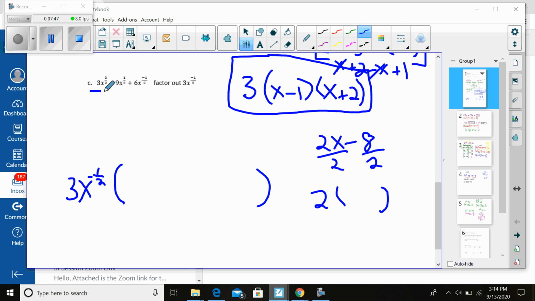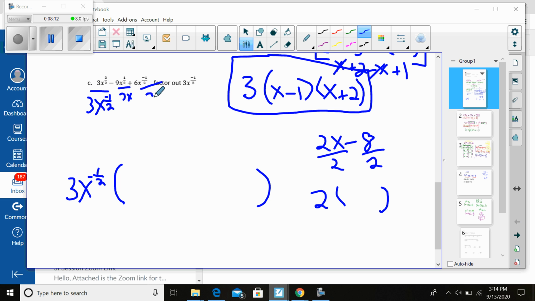So what I'm doing is I'm taking every term and I'm dividing it by 3x to the negative 1/2. Okay, so every single term gets divided by this. And yikes, I can't quite write this small enough here.